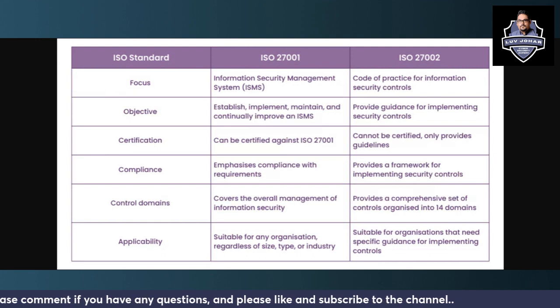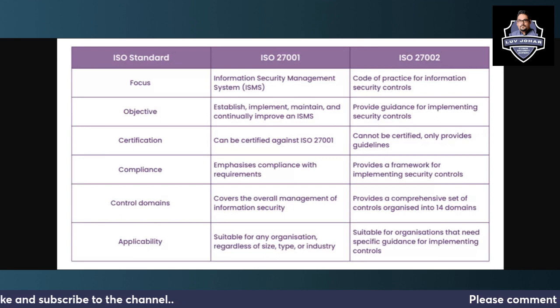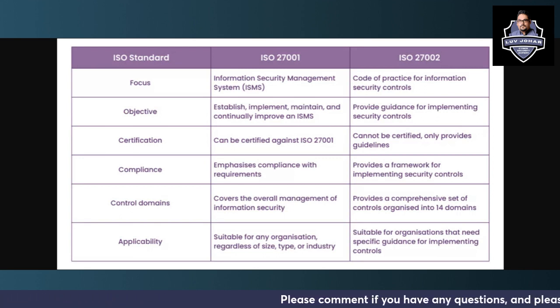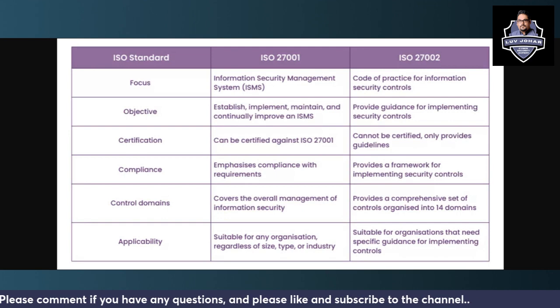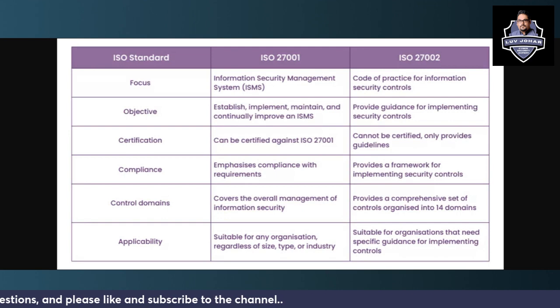Okay, so ISO 27001 is a standard against which you can get certified. However, ISO 27002 actually helps you understand the controls and implement the controls so that you can get the certification. And compliance is basically related to ISO 27001 and not to ISO 27002.